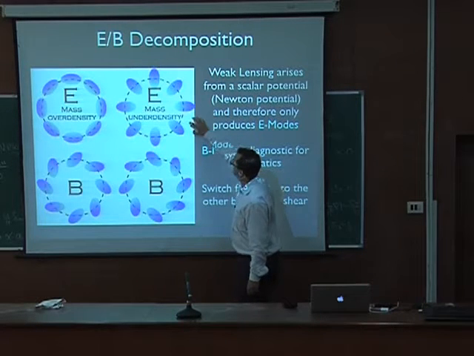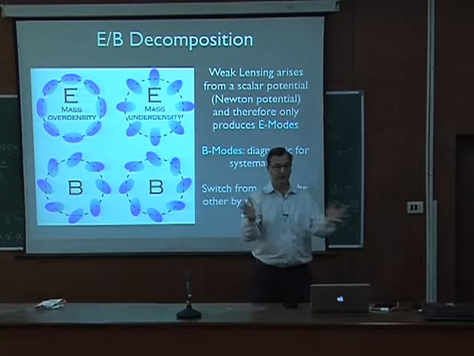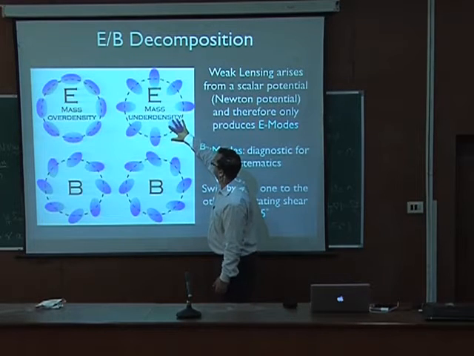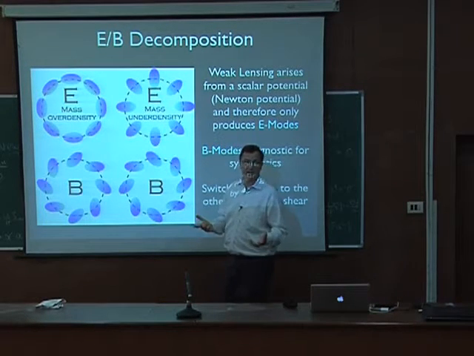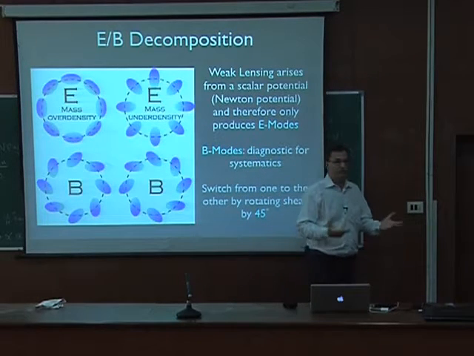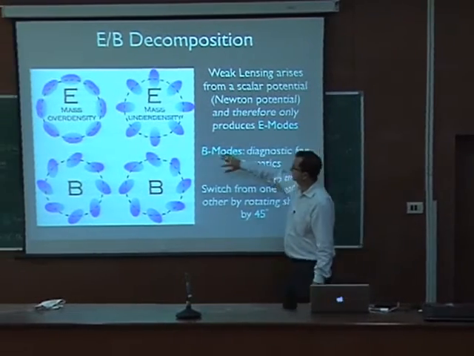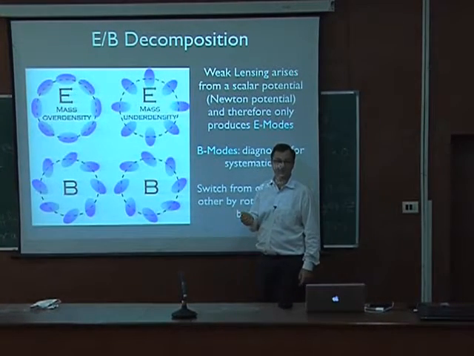So really, weak lensing only excites E modes, which means that if we take a measurement of the shear field and do an E mode, B mode decomposition, one expects to see only E modes. And if we see B modes, it means that there are systematics in the measurement. Something went wrong in the measurement. So the decomposition between E mode and B mode is a very strong test of the analysis and of systematics.